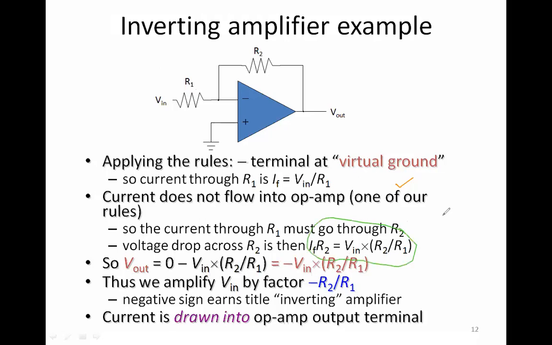Okay, R2 by R1. Now we know that, as much as possible, since the input is V in and the other one is ground, the output will try to match, or this op-amp will make sure that it matches the input.